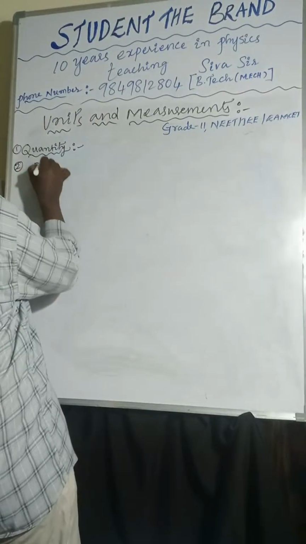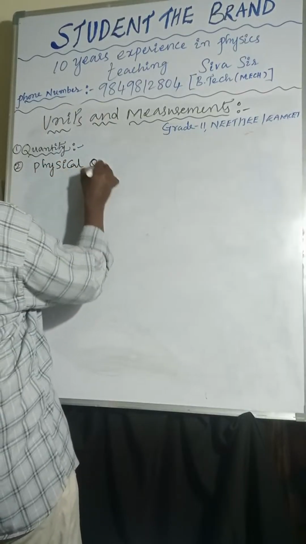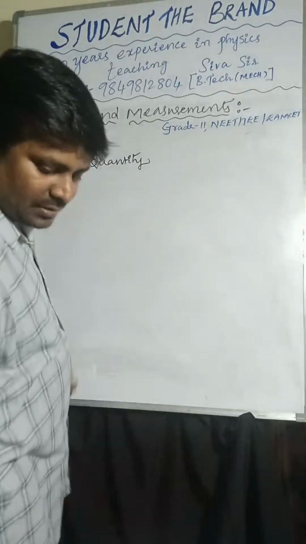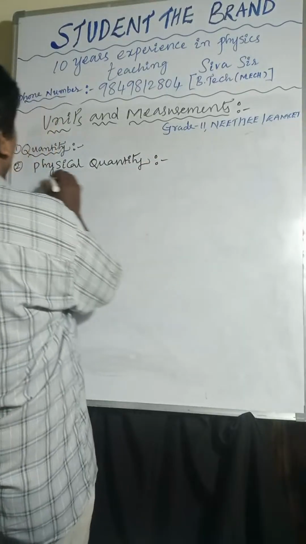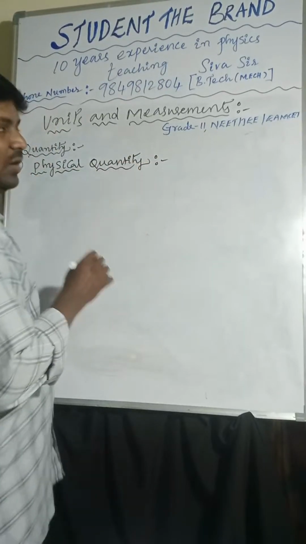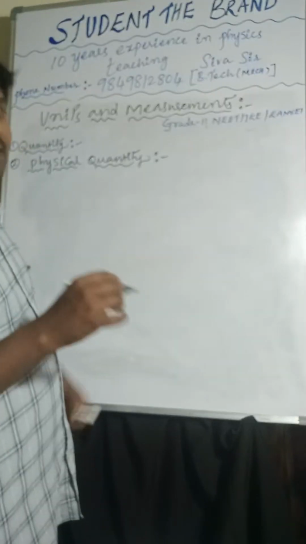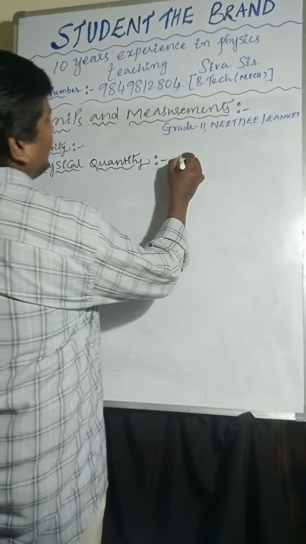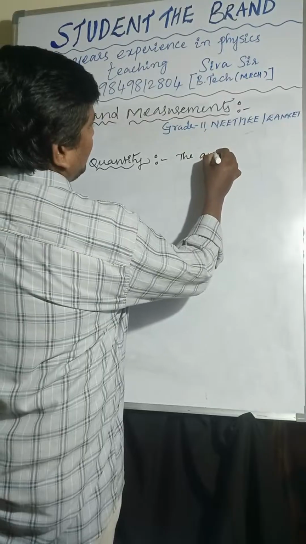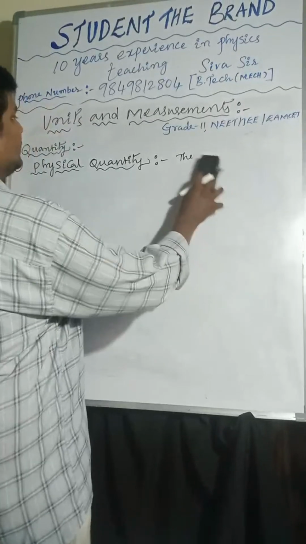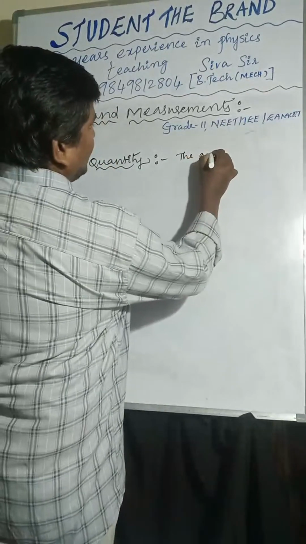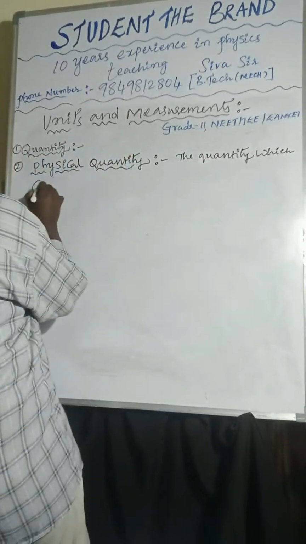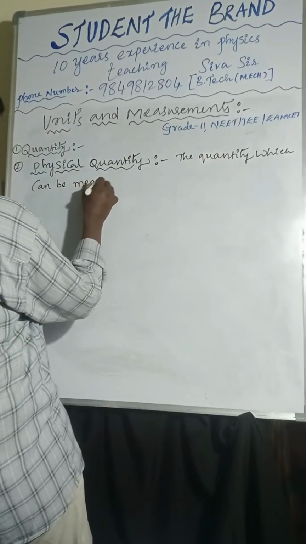Physical quantity. The quantity which can be measurable is called physical quantity.